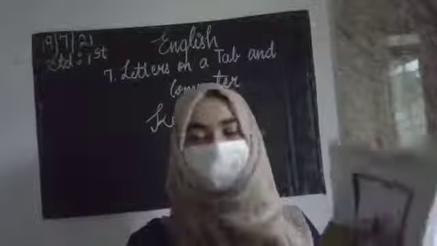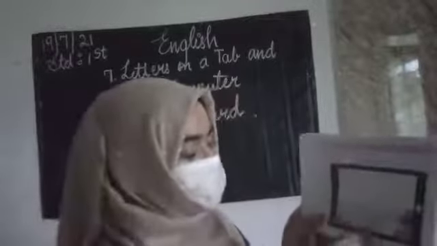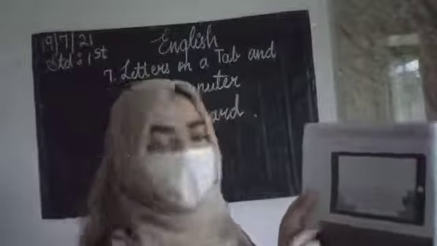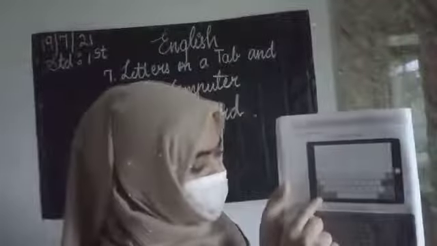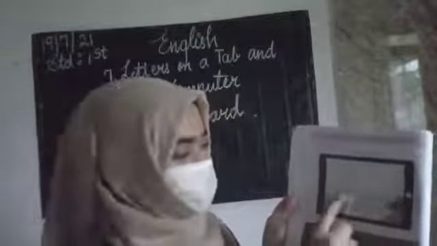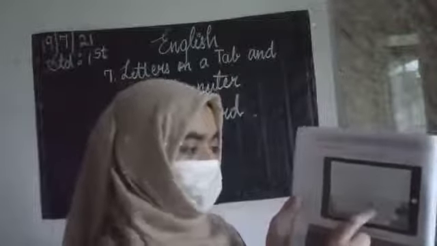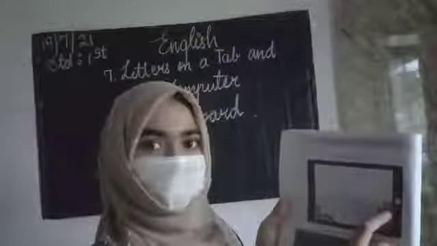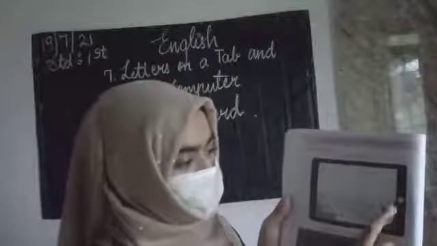So these are the letters arranged on a tab, and if you want to go for the numbers, then you have to click here on the numbers key. Then if you want to search anything, if you want to find something, you need to type on this. Then you press go.